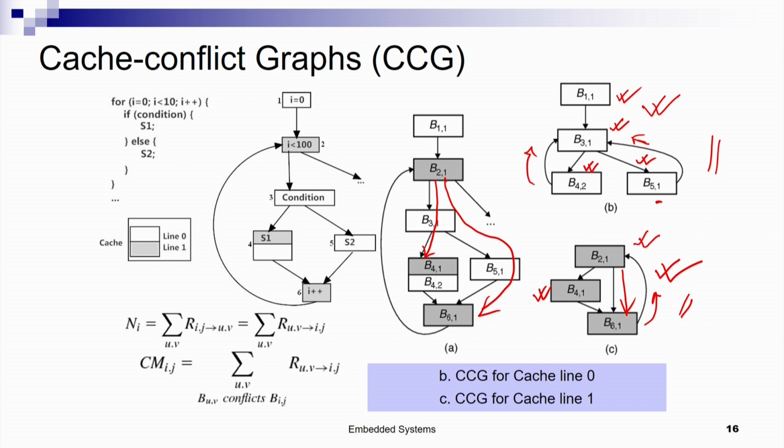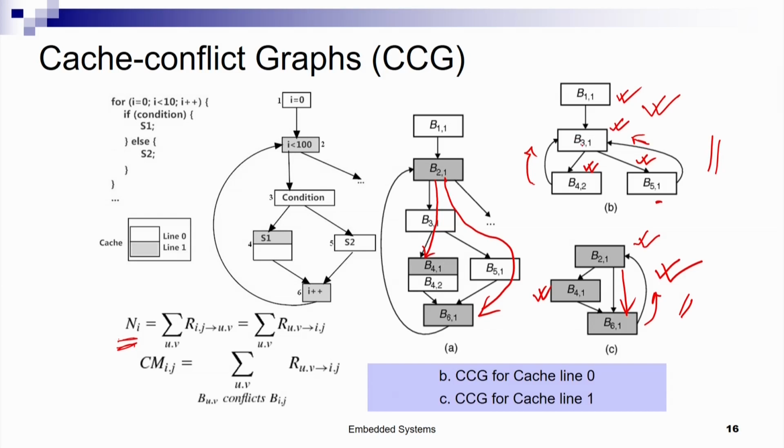Now, it also tells me the number of times a certain basic block executes. So, Ni tells me the number of times a basic block executes. The number of times a basic block executes is equal to the summation of the number of times control flows into a memory block in that basic block.